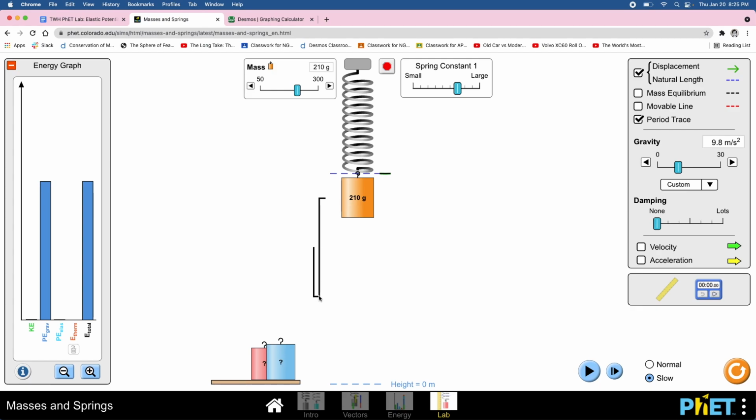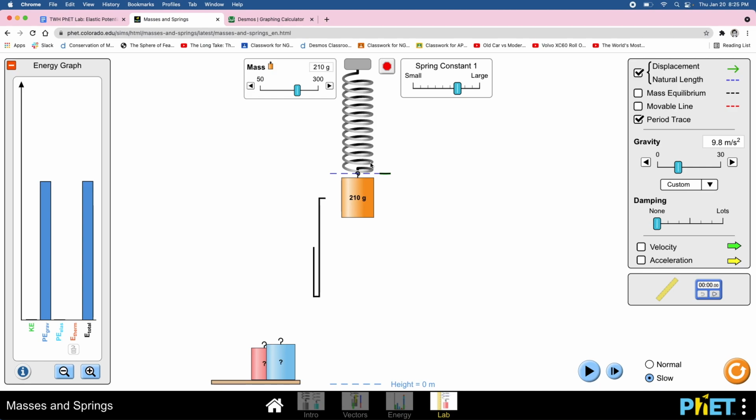So the lowest point on this trace is not the lowest point the mass travels, it's the lowest point the center of mass travels. And the highest point is not the highest point the mass reaches, it's the highest point the center of mass reaches. So it's a little bit confusing.